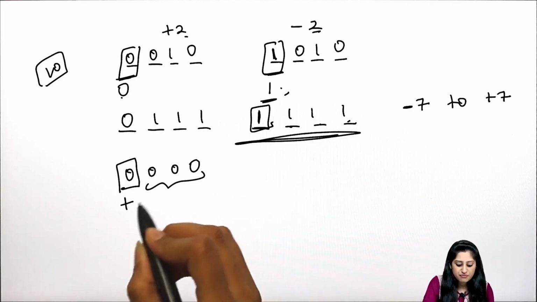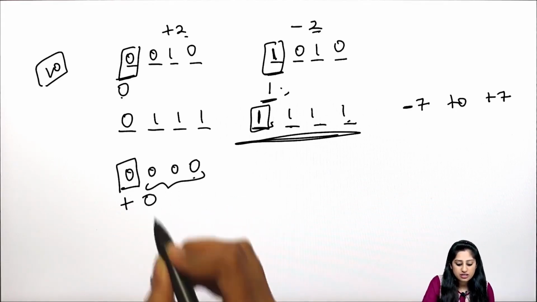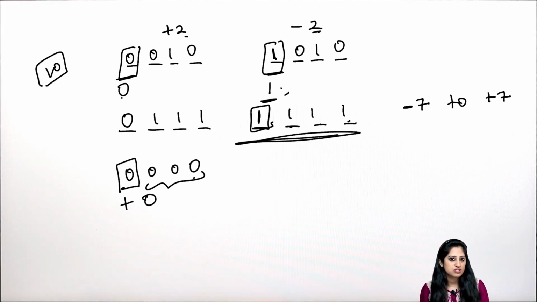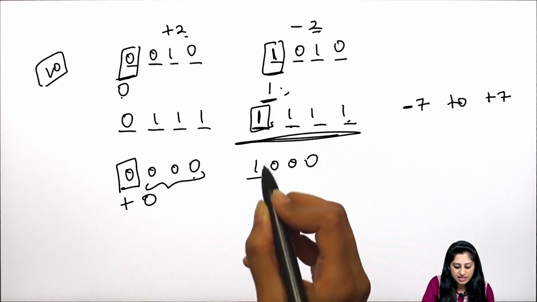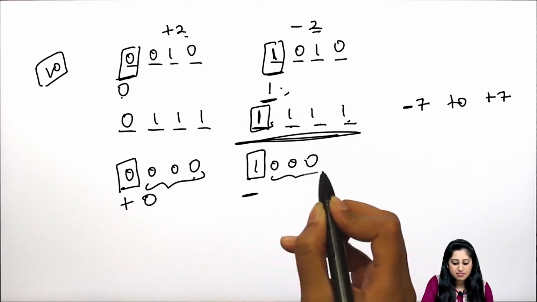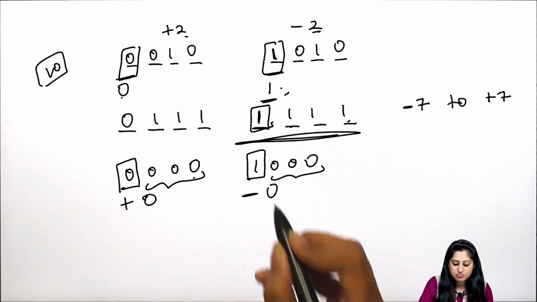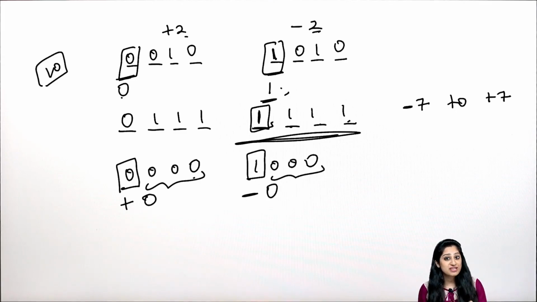So here, if you try to store all zeros, that means the number is positive 0. What about this? Read the sign bit. Sign bit says it's negative. Remaining bits say it's 0. That means the number is minus 0. So in this proposal, you have two representations of zero. There is a plus 0, there is a minus 0 as well. And that will cause confusion.